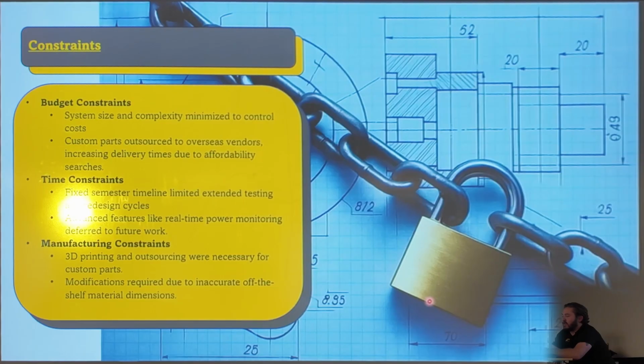Instead of having my structural cage and other parts machined or using something more durable, I had to 3D print them, which was fine for this prototype, but in the future it would be cool to have something a little more durable. And then I had to do modifications to my design due to the inaccurate off-the-shelf material dimensions.